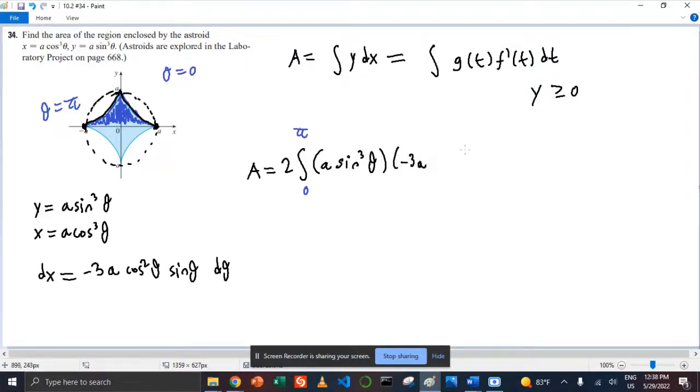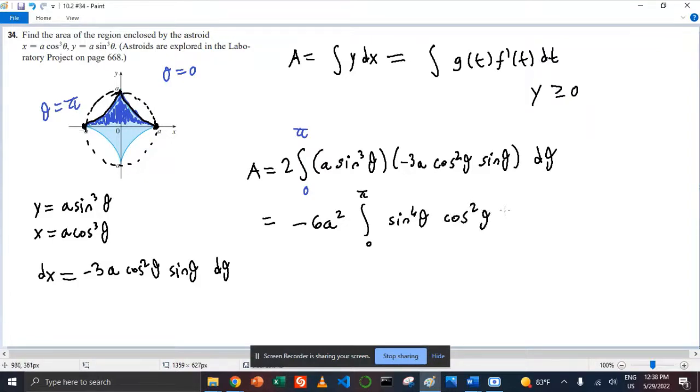Negative 3a cosine squared theta sine theta d theta. So let us simplify this a little bit. This gets us negative 6a squared, 0 to pi, of sine to the 4 theta times cosine squared theta d theta.